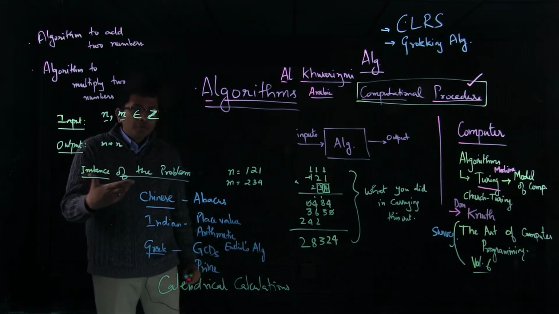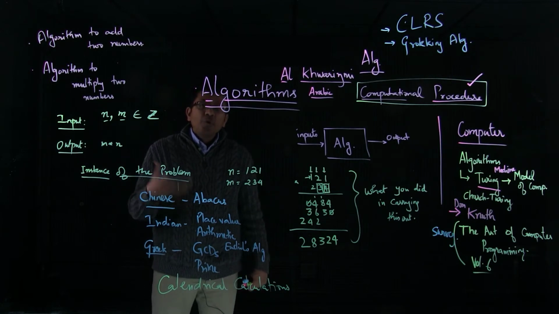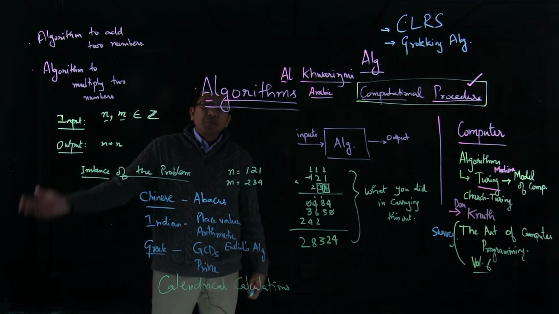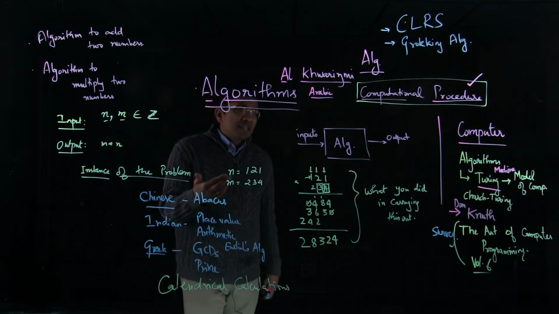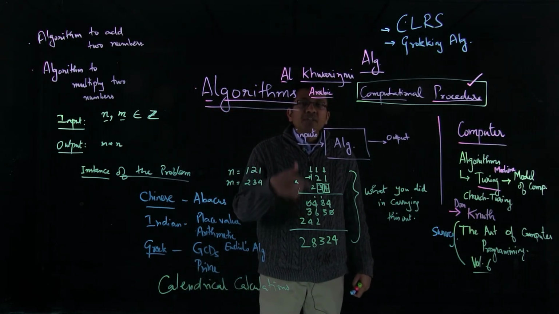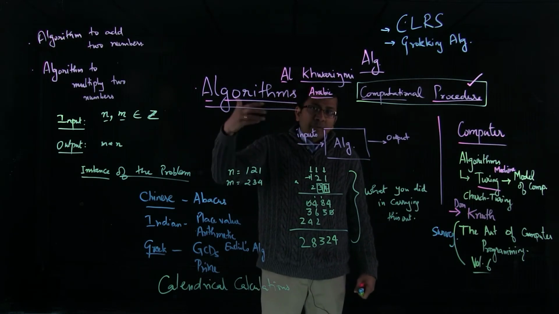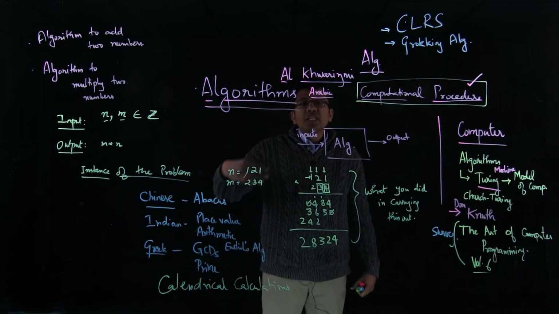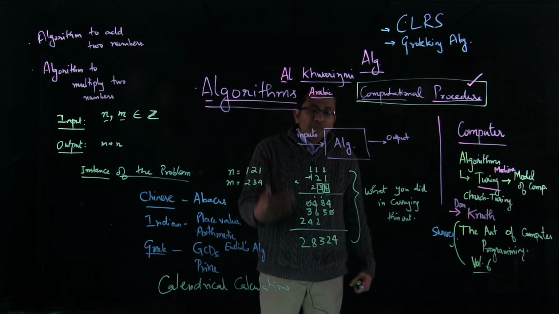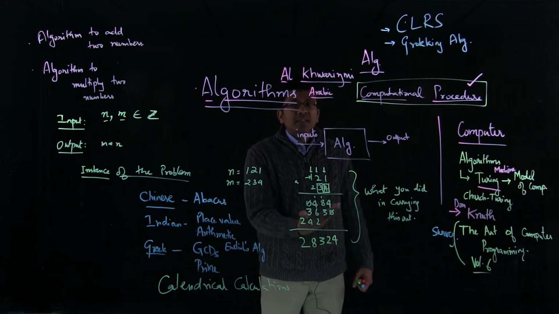Whenever you plug in actual values to these inputs, you have what is called an instance of the problem. And once you have an instance of the problem, the algorithm runs in a mechanical manner. So there is no creativity when you run an algorithm. It's just a step-by-step blind procedure that just tells you imperatively how to do this. Once you have done, you get an answer, and that's the answer.